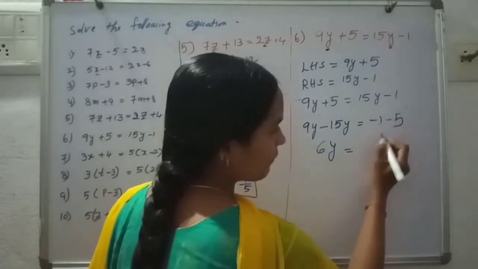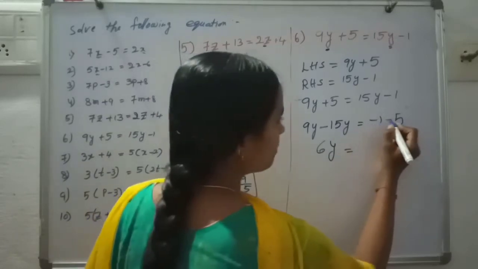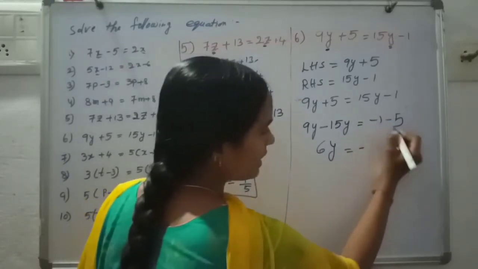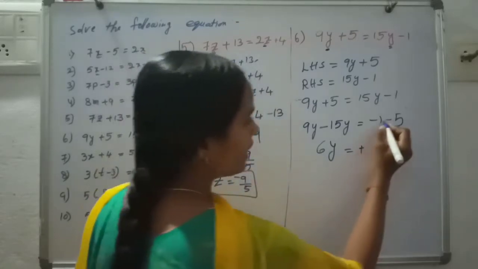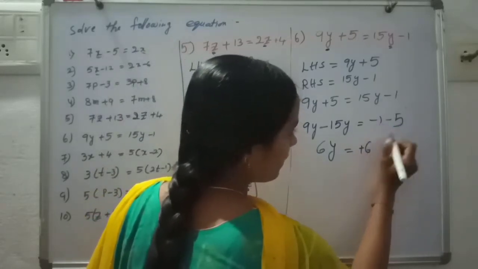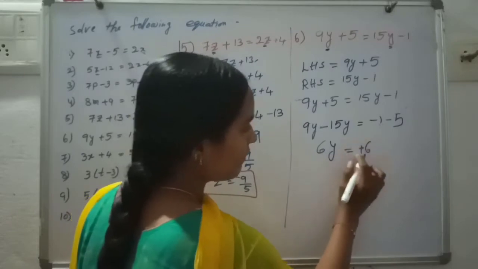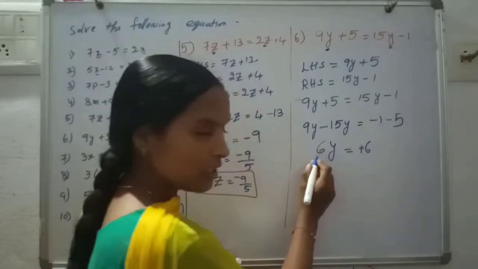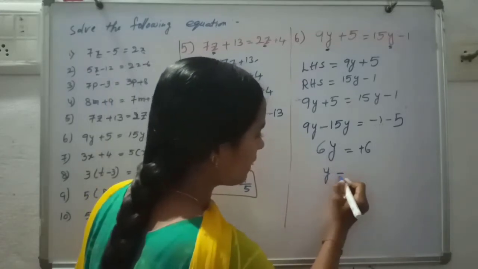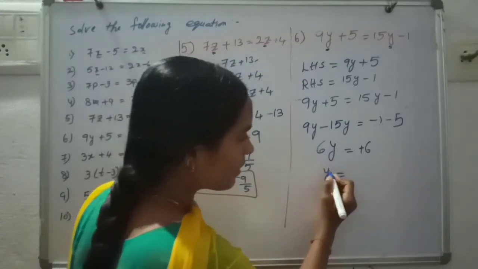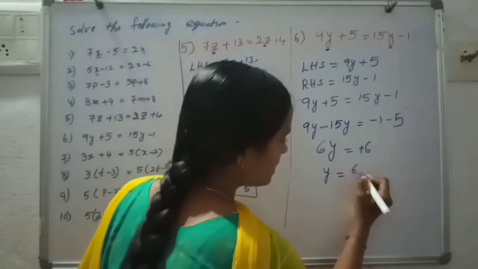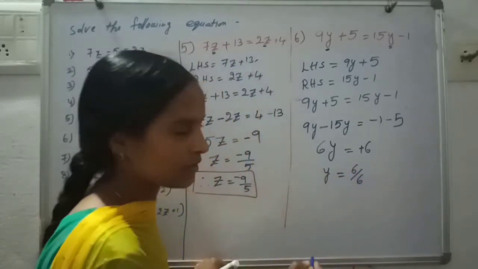What is this value? Minus into minus is plus, okay, 1 plus 5 is 6, it is having the plus. Next, y multiplied by 6, then goes to the RHS as division by 6, 6 divided by 6.